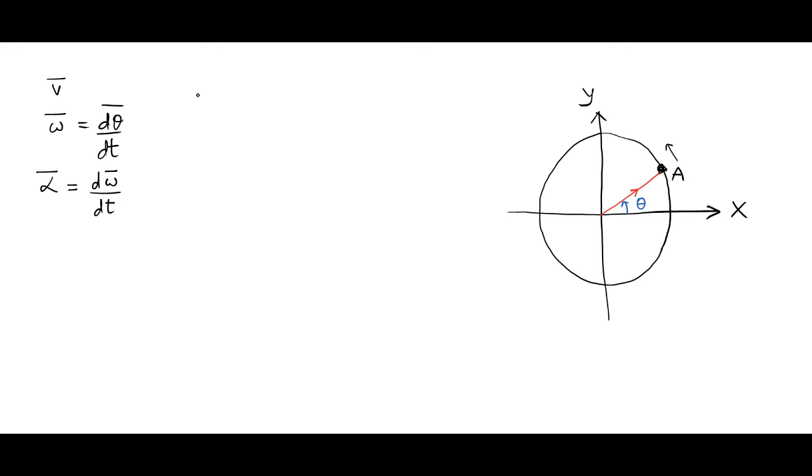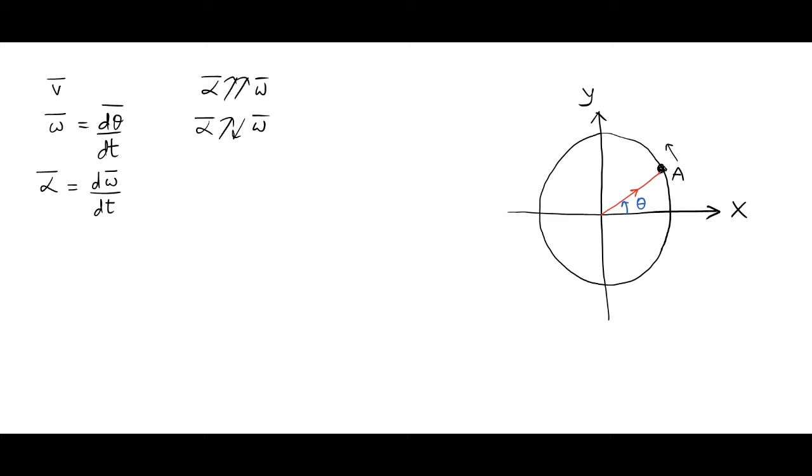And in particular, if you have a scenario where the particle's speed is increasing with time, then alpha bar would be in the same direction as omega bar. So in this case, of course, the right hand rule says that omega bar is coming out of the plane of the screen, that's along the positive z direction, and so would alpha bar if the particle is speeding up, and if the particle is slowing down, then alpha bar and omega bar would be in opposite directions.